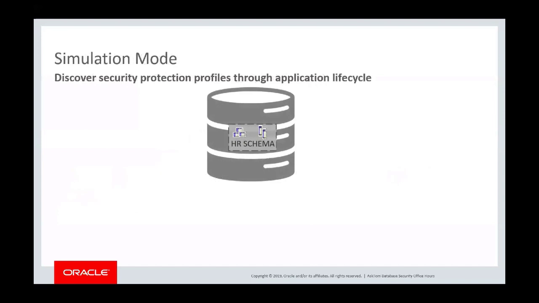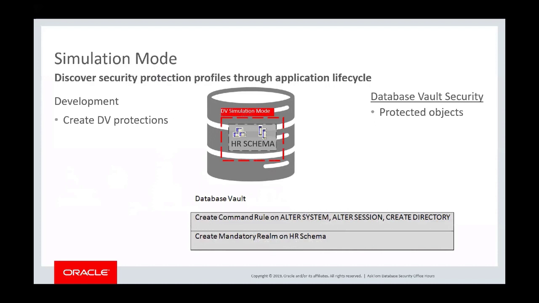And this is the interesting use case, trying to understand, without a whole lot of in-depth analysis, what you may need to do for a new application with Database Vault. What you do is, during development, you put in a simulation mode a realm around, let's say, the HR schema, and you make that a mandatory realm, but in simulation mode with no authorized users.